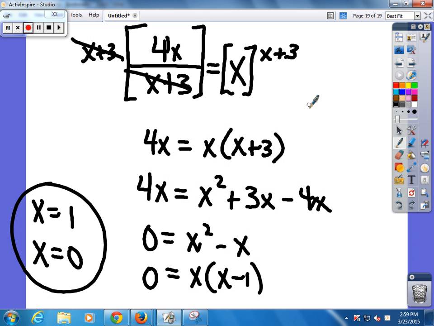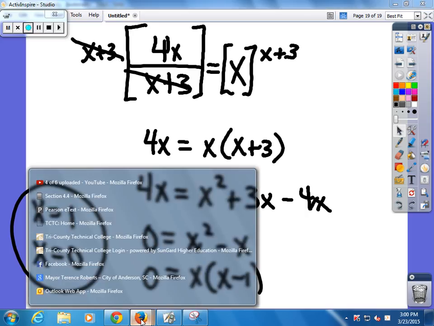Now, make sure you can go both ways. Make sure that you can change a logarithm into an exponent, and make sure you can change an equation into a property, or a property into an equation. And you should be able to do that with the homework in 5.4.